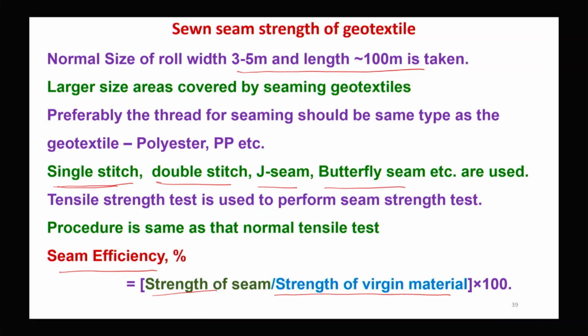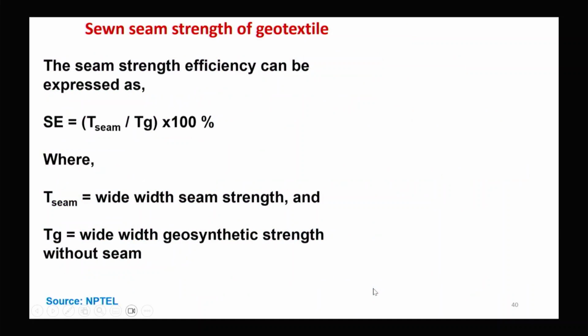So T seam means wide width seam strength, and TG is wide width geotextile strength without seam. The ratio is the seam efficiency.